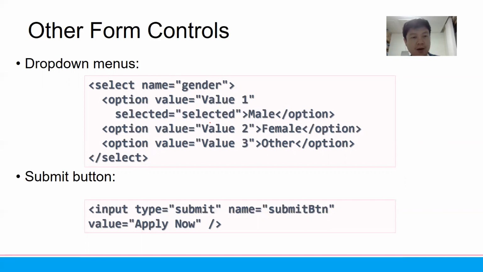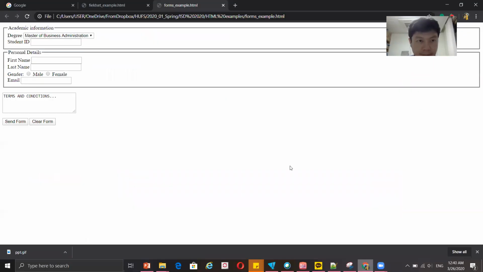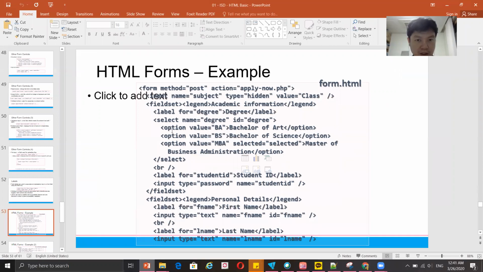Okay. Now, if you check this in the result, in the web, then you can see this degree. Okay, you have Bachelor of Art, Bachelor of Science, or Master of Business Administration. So because this is the drop-down menu, this is the option. Okay, if you see this, the first is Master of Business Administration. So what does it mean? Okay, you can check this one.